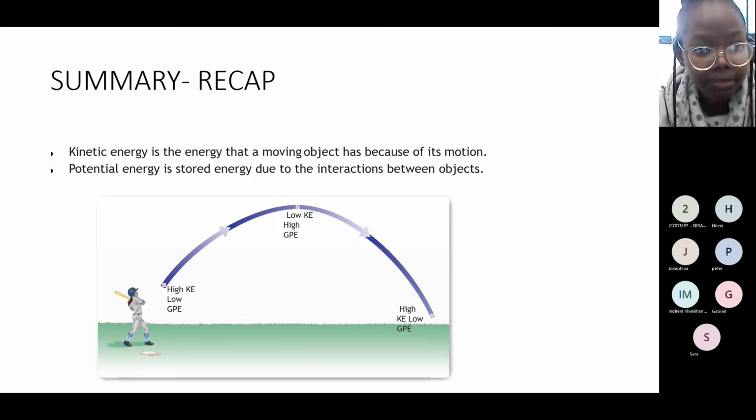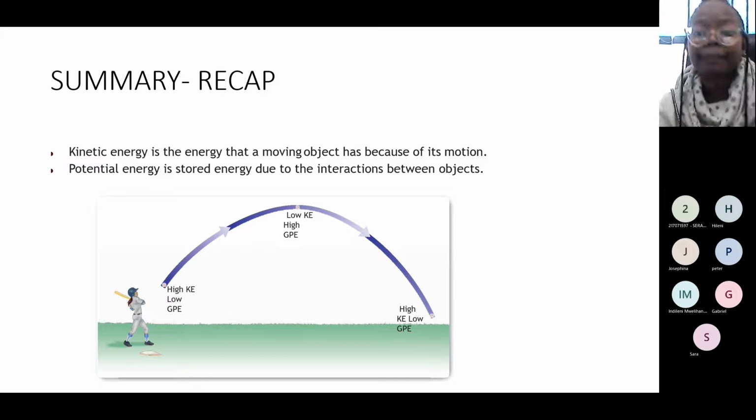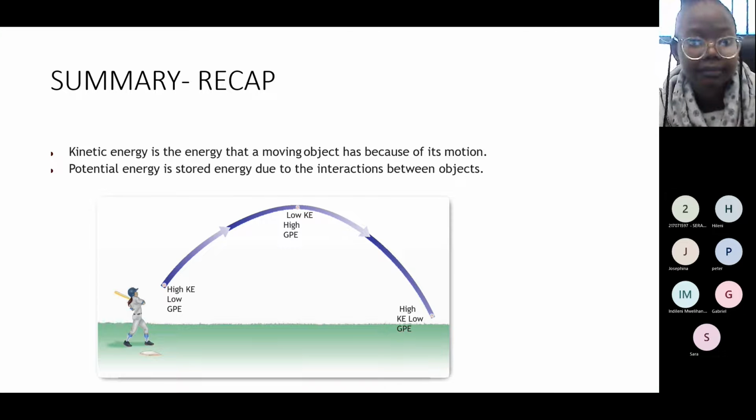And here, the potential energy is at its peak because the ball is up at its raised, high displacement level. The kinetic energy is low because there's no motion; the ball is constant. The same applies here: the kinetic energy is high and the potential energy is low because the height is not high enough.